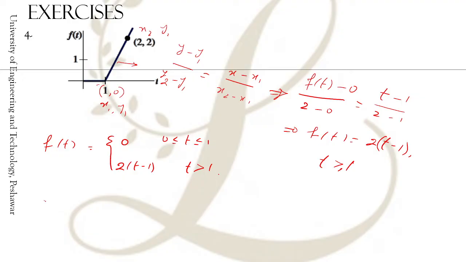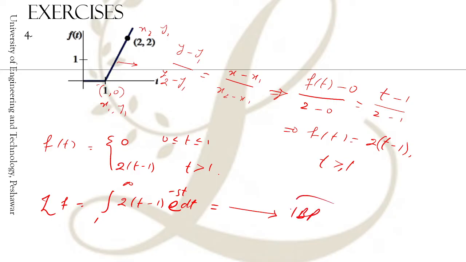And when we find the Laplace transform of this function, the first part will be 0, so I'll just take the integral from 1 to infinity of 2 times (t minus 1) e to the power minus st dt, which can be found by using integration by parts. Use IBP and then apply the limit to get the Laplace transform of this function.